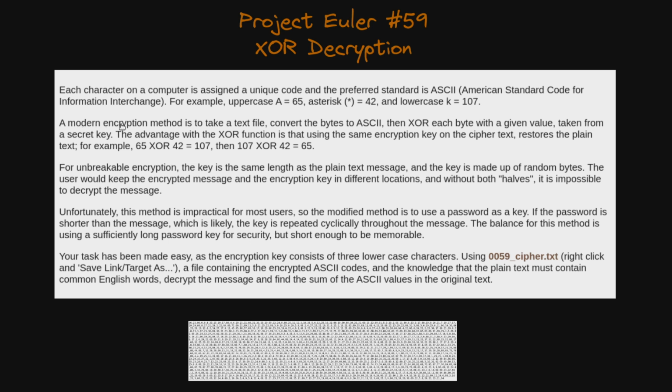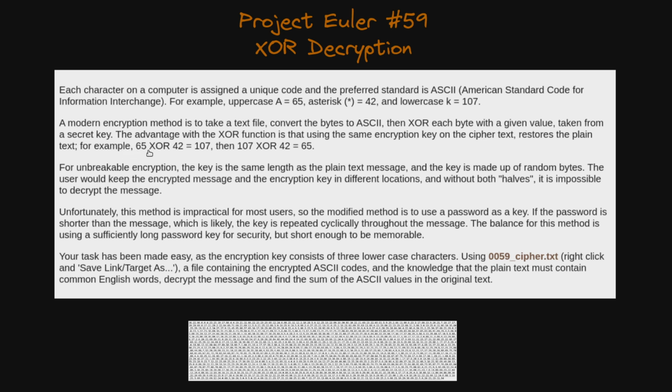Next, a modern encryption method is to take a text file, convert the bytes into ASCII, and then XOR each byte with a given value taken from a secret key. The advantage with the XOR function is that using the same encryption key on the cipher text restores the plain text.